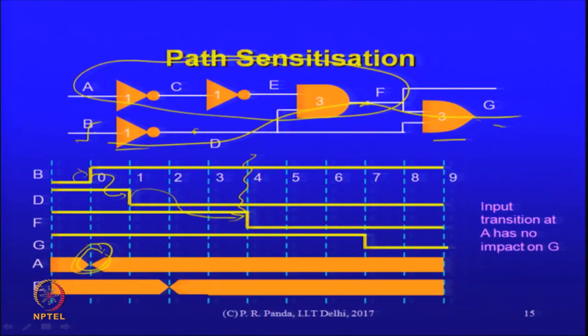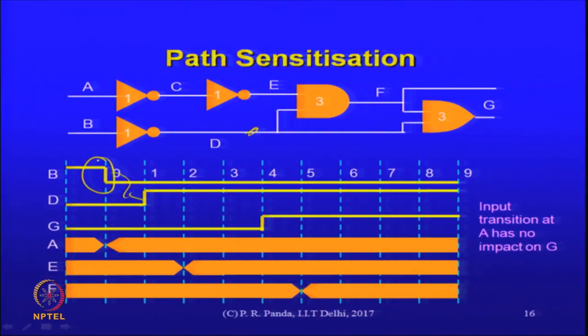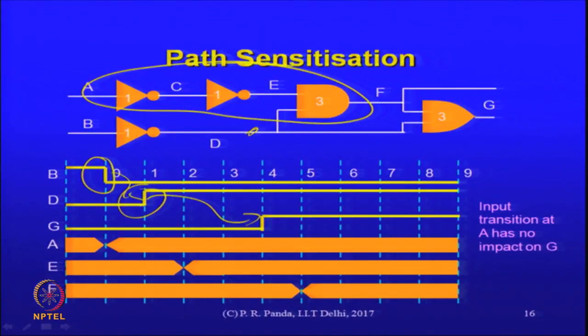So, the A has no impact, input transition at A has no impact. What if it was the other way around, B changed from 1 to 0, then D changed from 0 to 1, which immediately caused G to change irrespective of anything that happened there. Okay.